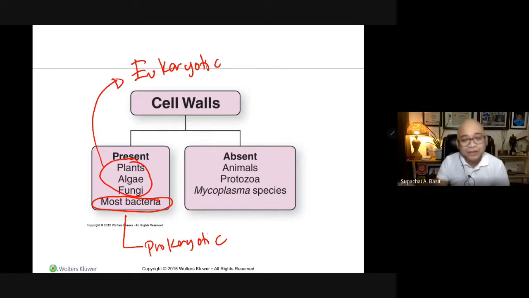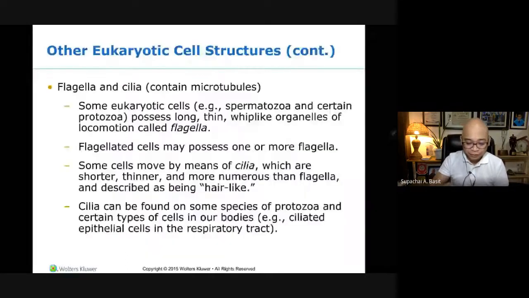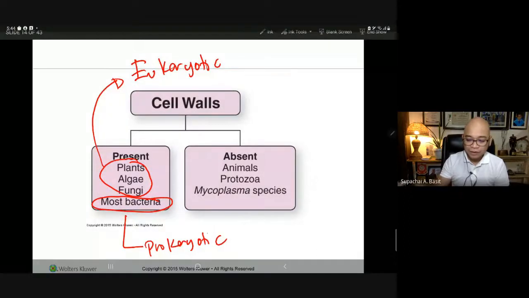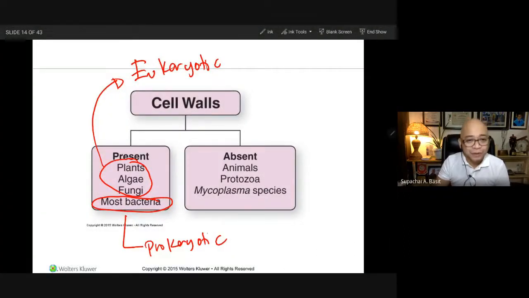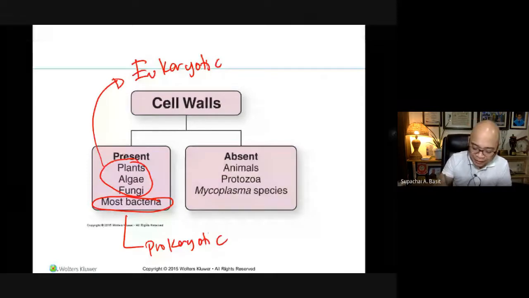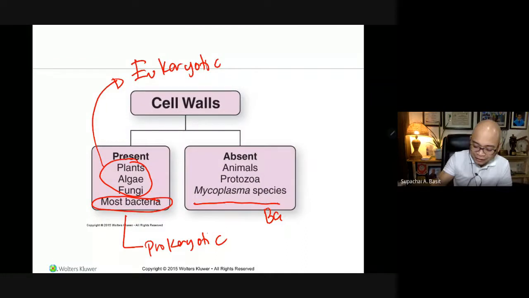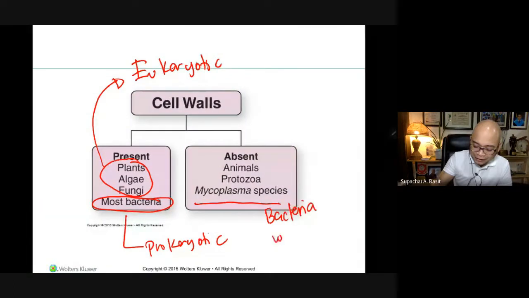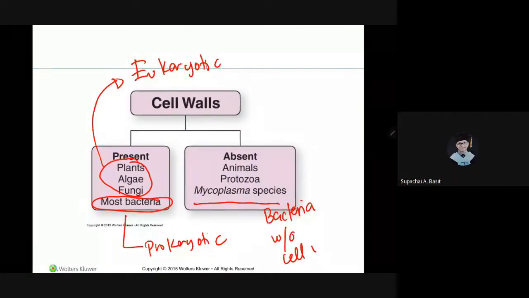Eukaryotic cells have a cell wall, and bacteria are prokaryotic and they also have a cell wall. However, as humans, as part of the animal kingdom, we do not have a cell wall. Protozoans do not have a cell wall, and mycoplasma is an example of bacteria without a cell wall.